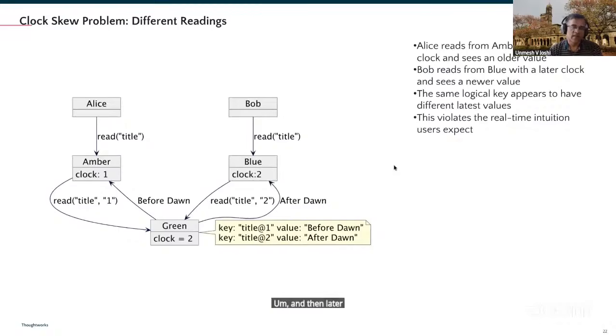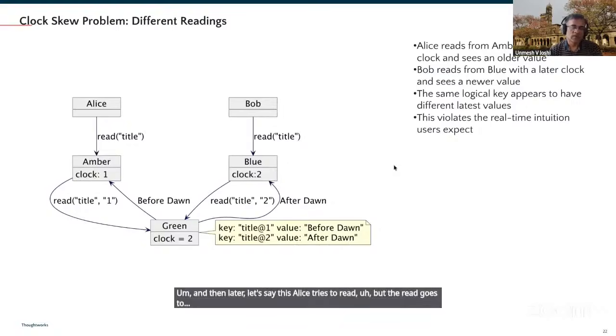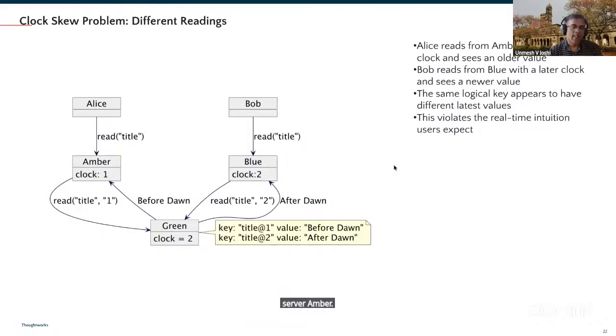Later, Alice tries to read, but the read goes to server amber, and it reads at timestamp 1, which is the clock value given by amber, and gets the value before dawn.